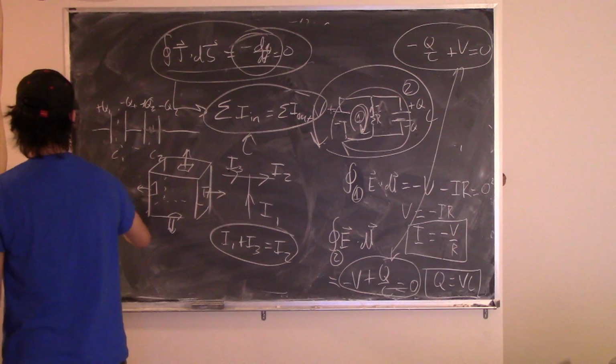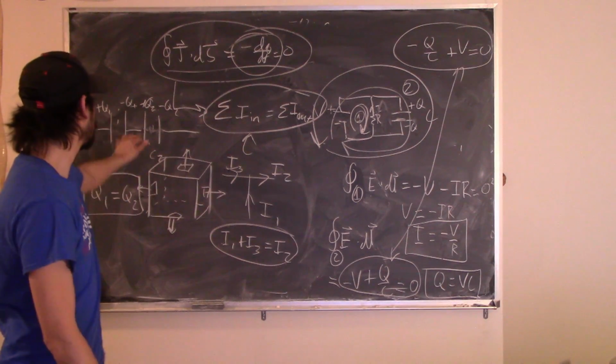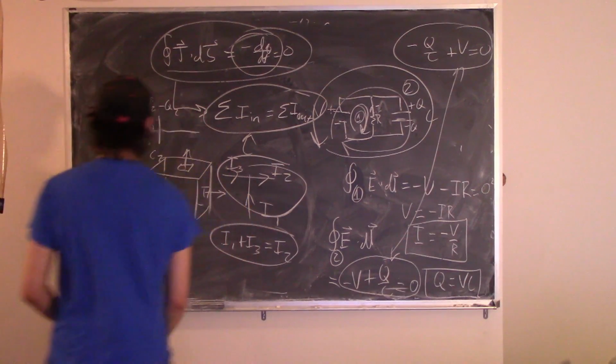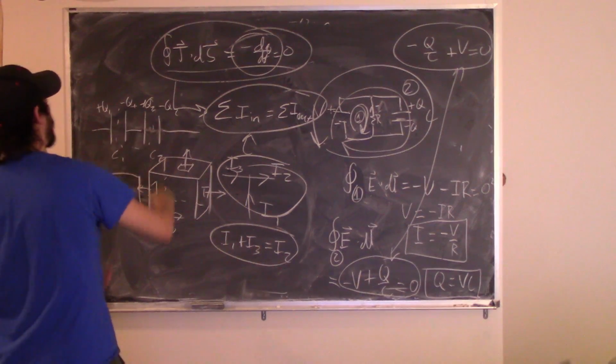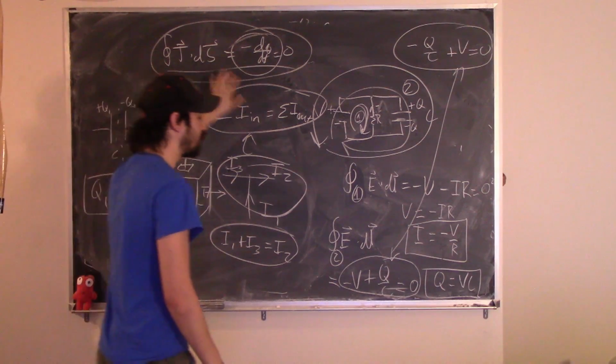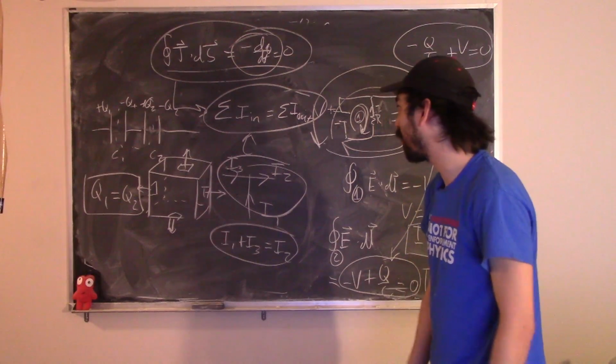Why is it that Q1 is equal to Q2? This equation does both things. It explains both how junctions work for currents, as well as how capacitors share charge. That's really the reason for having this, because you can put both of those ideas into one equation.